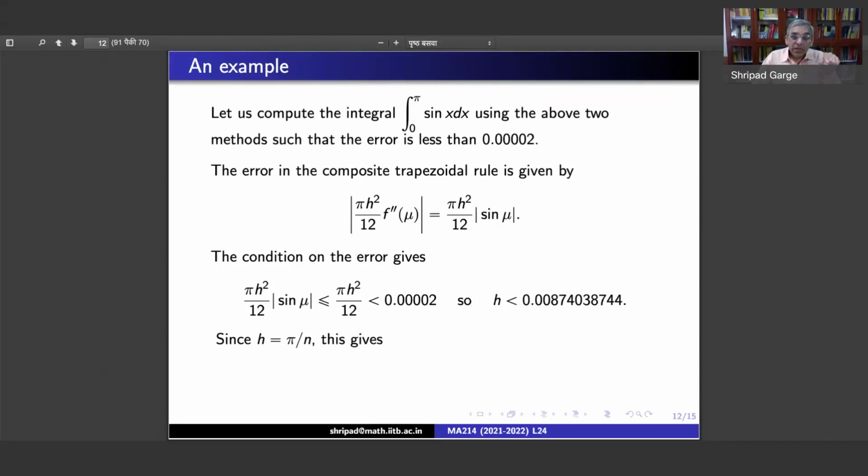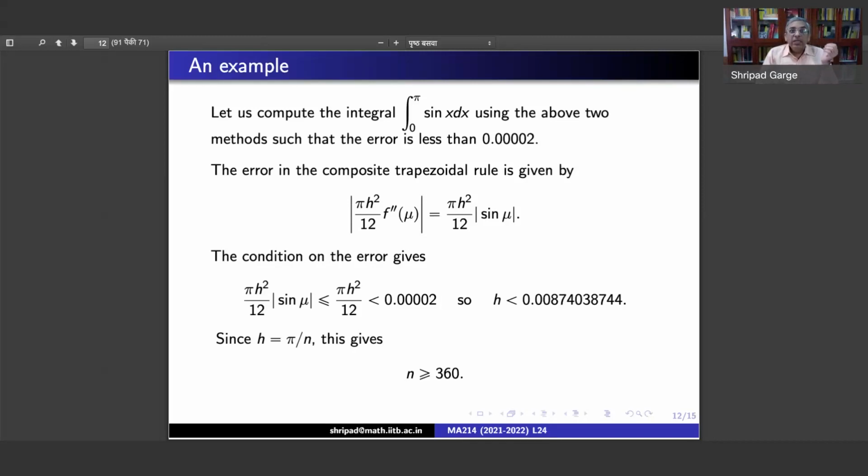So the number of sub-intervals has to be bigger than or equal to 360. We are only going from 0 to pi, and between them we have to take 360 intervals to apply the composite trapezoidal rule and compute the approximation to our integral such that the error is less than 0.00002.